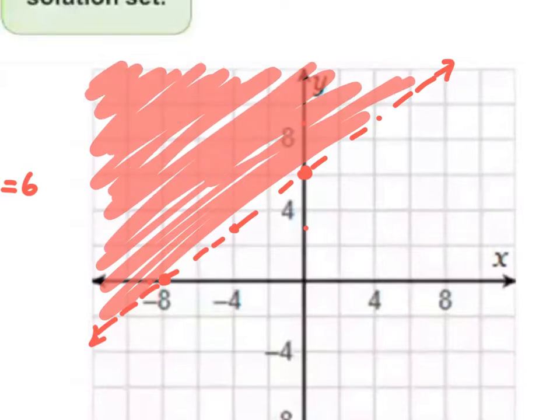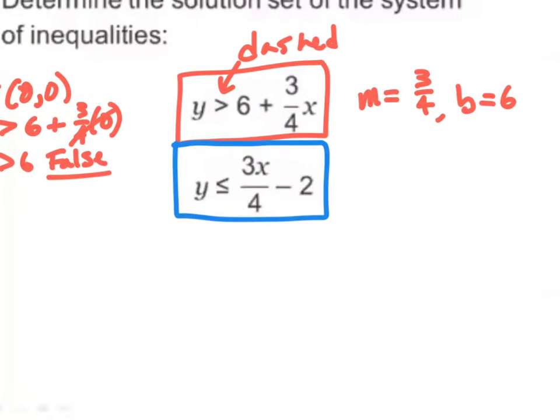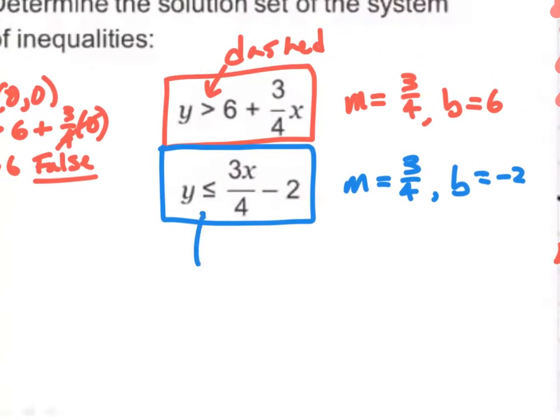All right, now the next thing I'm going to do is take a look at this next one and identify my slope. Ooh, this is interesting, it's 3/4. And then my y-intercept. So we have the same slope, different y-intercept of -2. I'm going to do the same thing over here, but this is a solid line, because we are including the equal to portion.